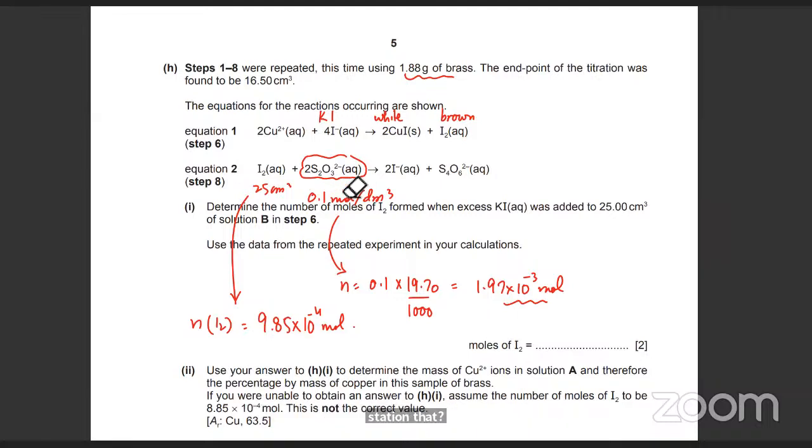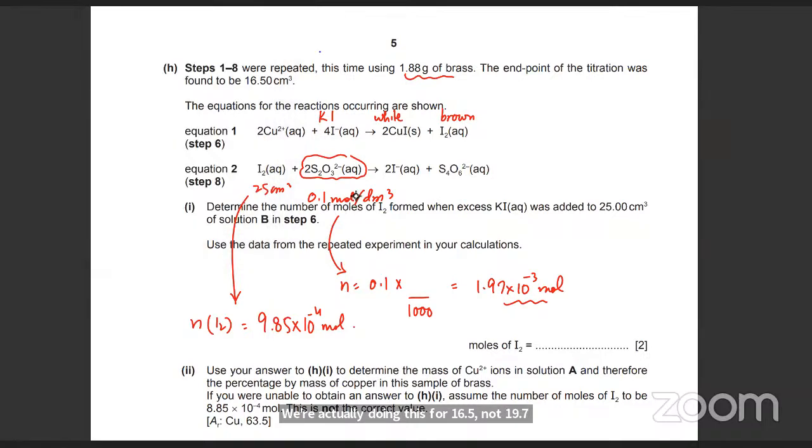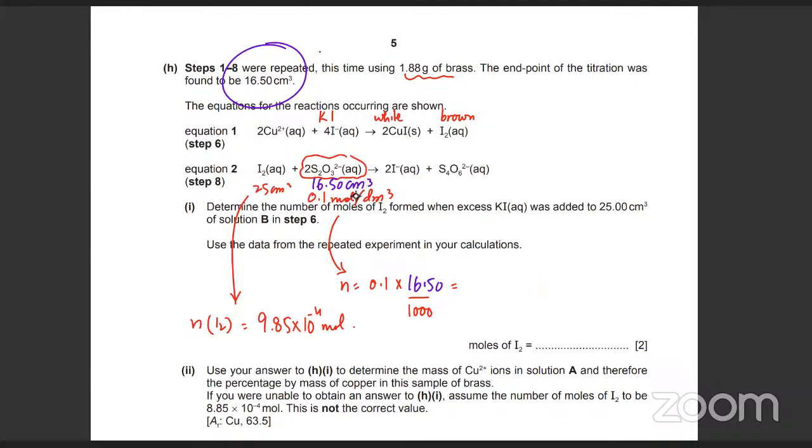We're actually doing this for 16.5, not 19.7. ये वाले जो होंगे ये तो आ जाएगा, that's going to be 1.65.